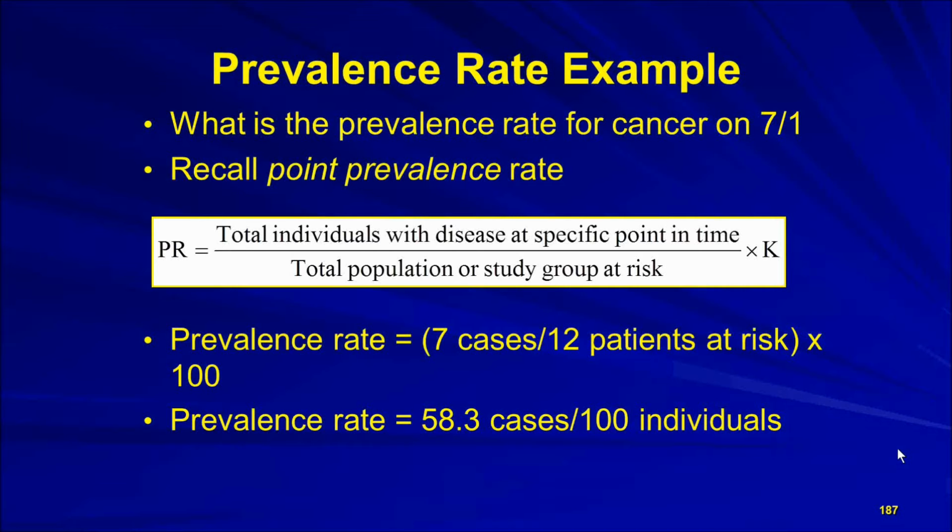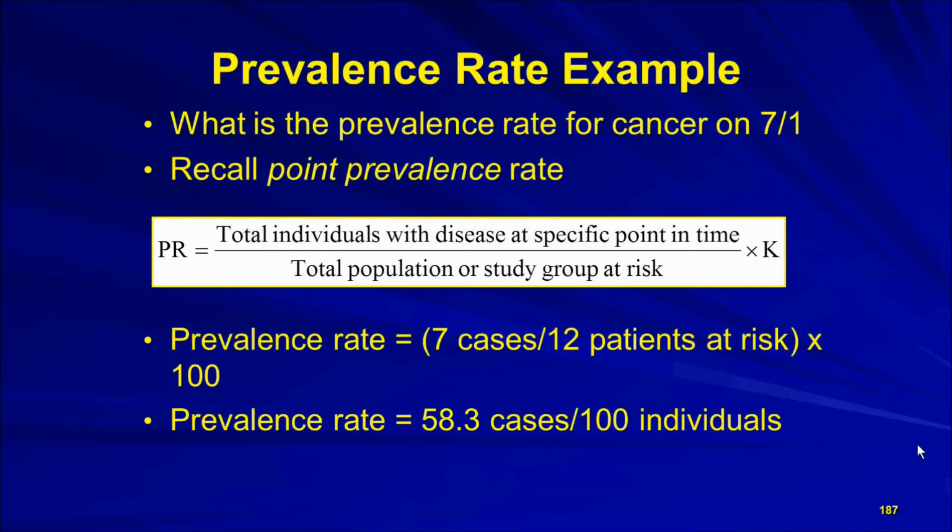And you said, well, last time you told me we ought to deal with an integer, and now you have 58.3. This seems confusing to me because you've got a fraction. Well, if we compare a prevalence rate and an incidence rate, we want to use the same denominators so that they are comparable.